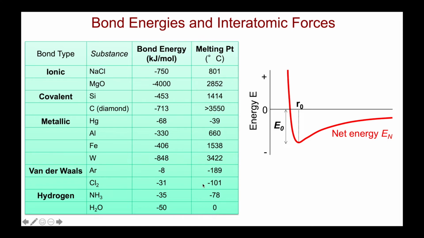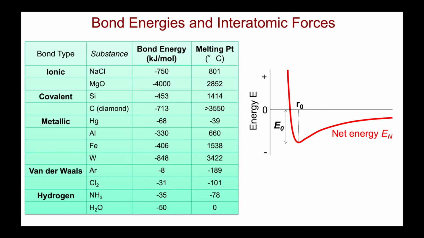For example, in ionic, we can see large variations in these energies. Even though they're large, they can still vary by a considerable amount, yielding a variation in melting points. Another good example are the metallic forces and the elemental metals. We may think they're strong for all systems, and indeed for some they are, such as tungsten, where that bond energy, minus 850 kilojoules, is very large and yields a very large melting point, over 3000 degrees.